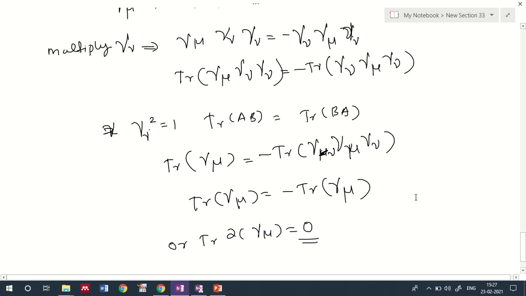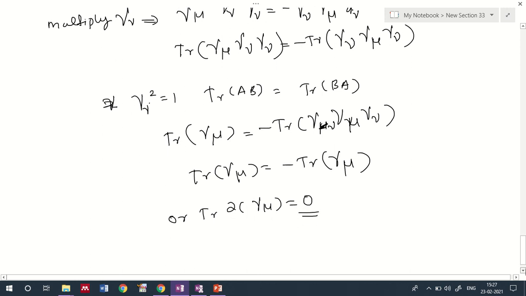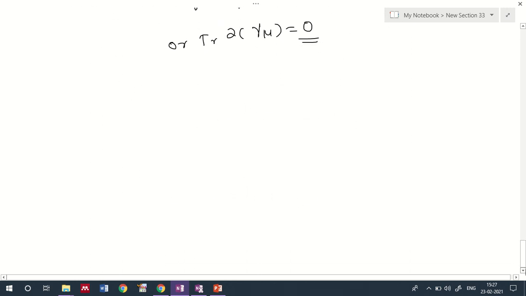This is how we get that the trace of the matrix is equal to 0. From the fourth property, we already know that the trace of gamma mu is equal to 0.